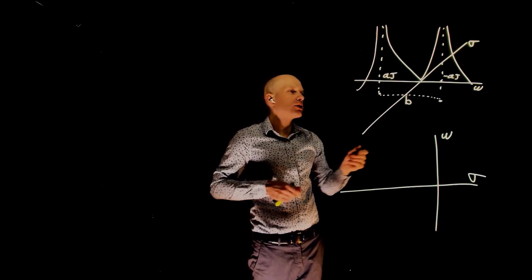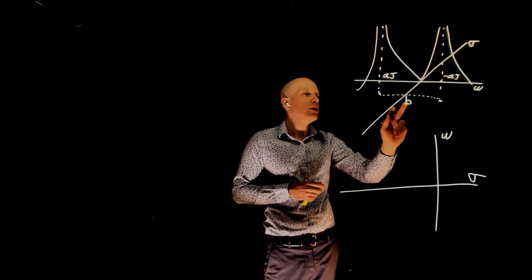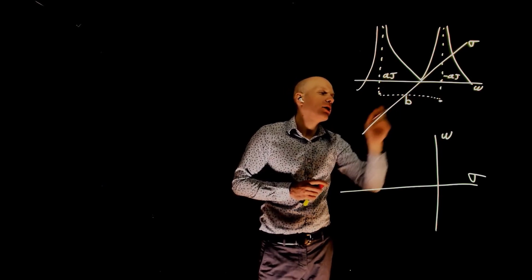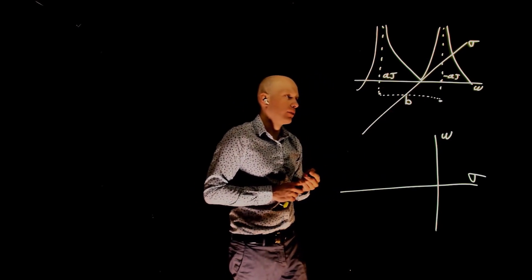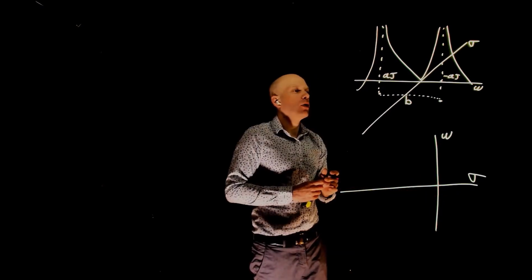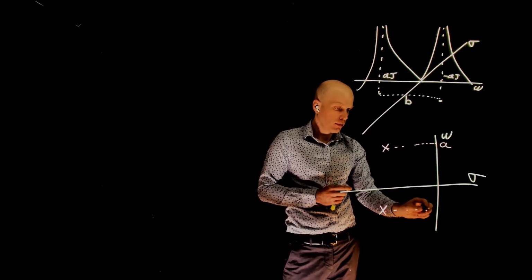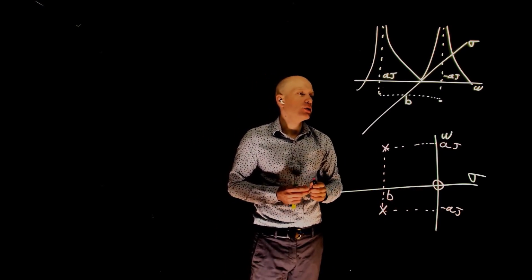Let's assume that these peaks are occurring at a value of sigma equals to b and a value of omega equals to aj and negative aj. Now let's assume that the 0 is occurring at 0. Now I can take this 3D plot and convert that into a 2D plot with the location of these special points. So here we have the 2 poles, and here we have the zeros.